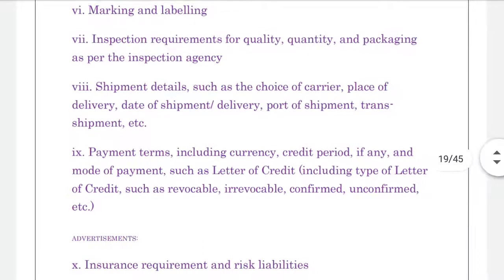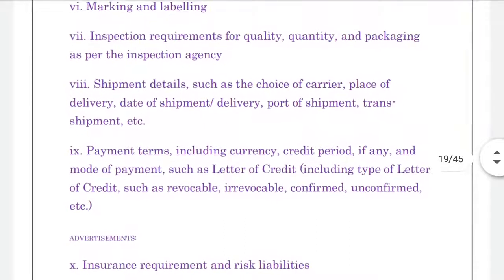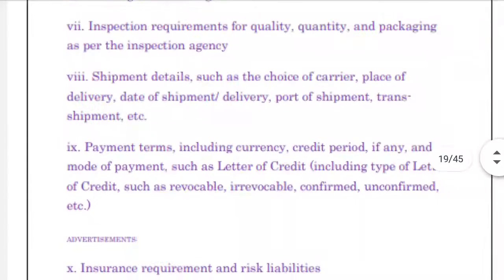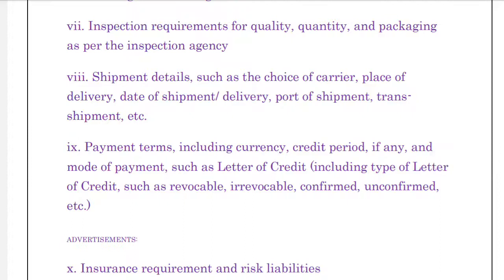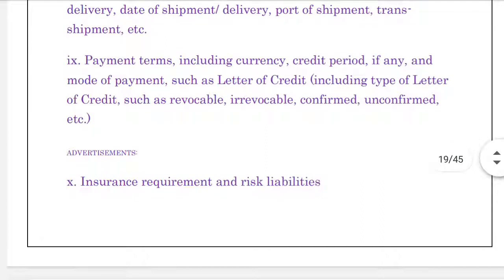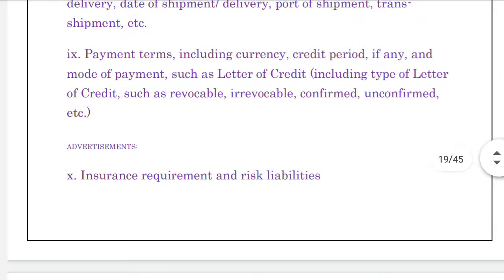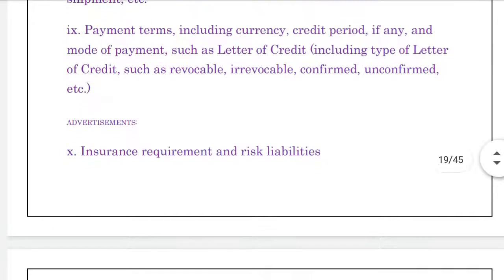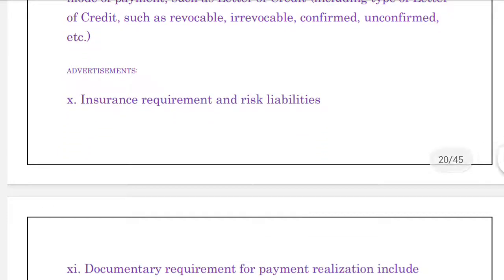Payment term is important, because if the LC is revocable, then our buyer can amend the LC without permission from us. So these terms and conditions need to be kept in mind. Insurance requirement and risk liabilities.